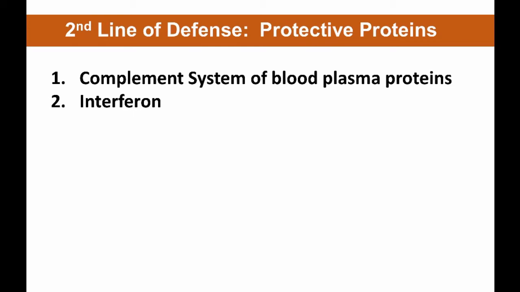Okay, so also considered part of the second line of defense of our immune system is an array of protective proteins, including the complement system, which is present in blood plasma, as well as the interferons.